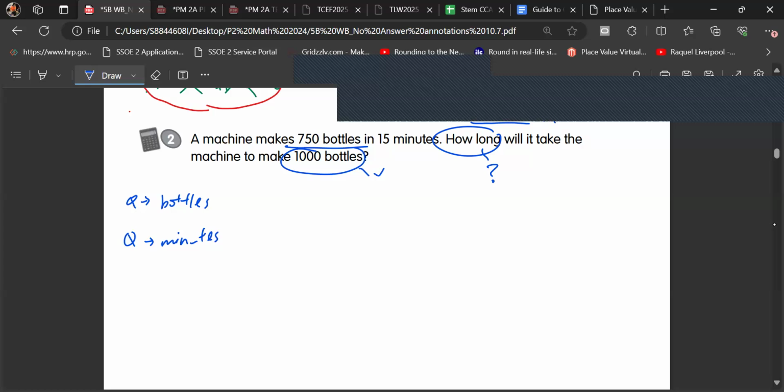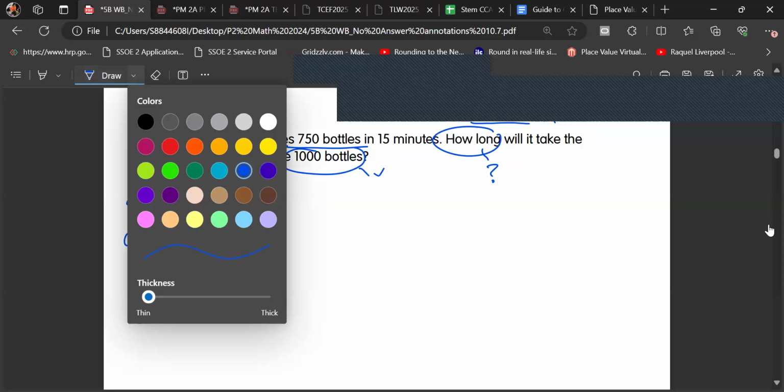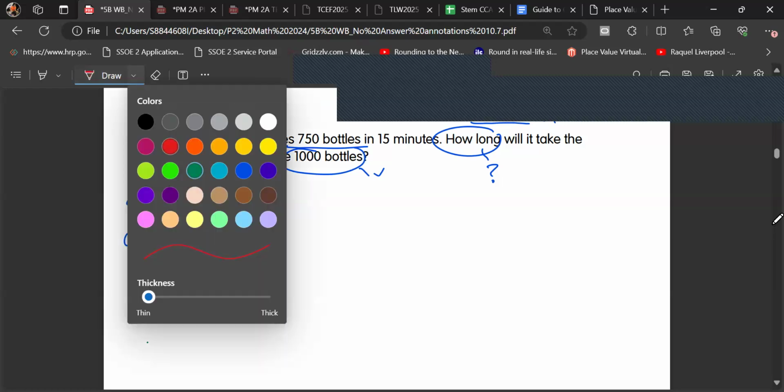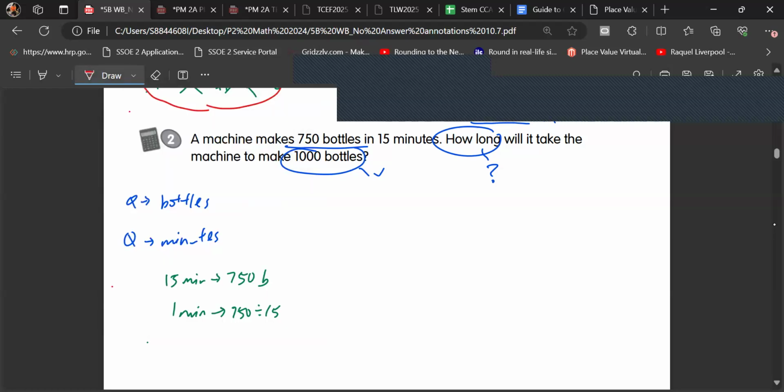So previously you would probably write 15 minutes is 750 bottles. So 1 minute equals 750 divided by 15. Then I was telling you now, no. What we are doing here is finding bottles per minute.